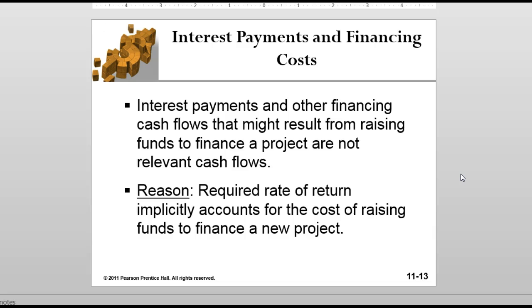So the required rate of return implicitly accounts for the cost of raising funds to finance that project. So those are the guidelines of how to decide if a cash flow is relevant or not.